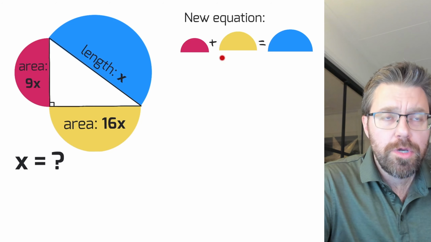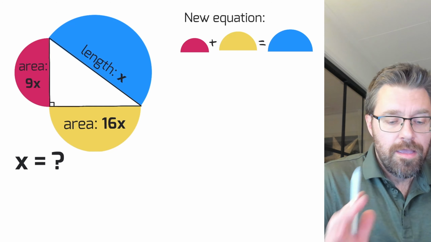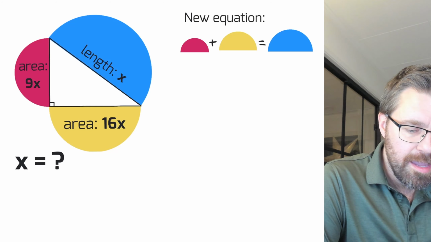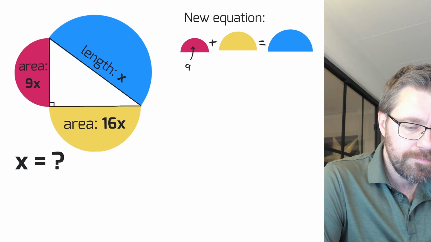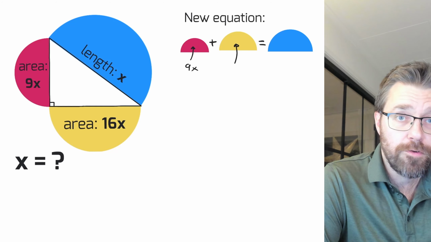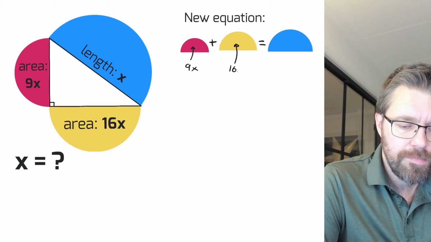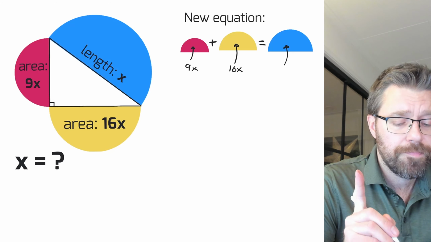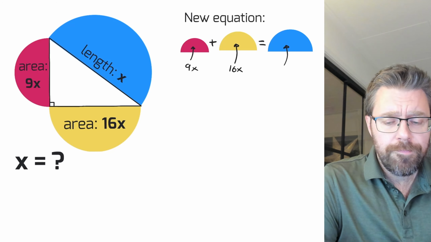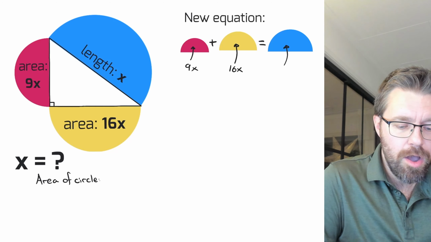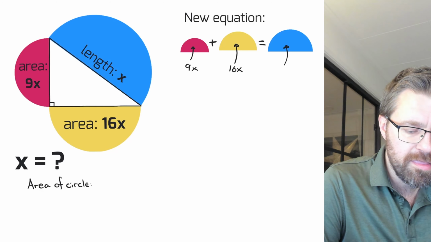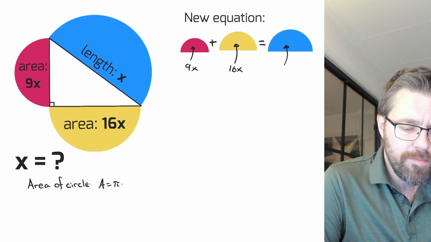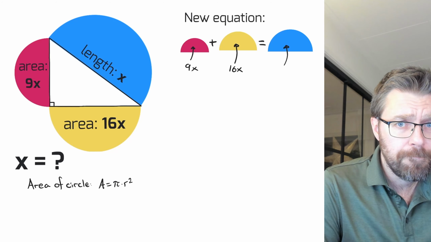We have our new equation right here, and if we take the little area 9x here and add it to the area of the yellow one, 16x, then we have the area of the blue semicircle. We know that the area of a whole circle equals pi times radius squared.